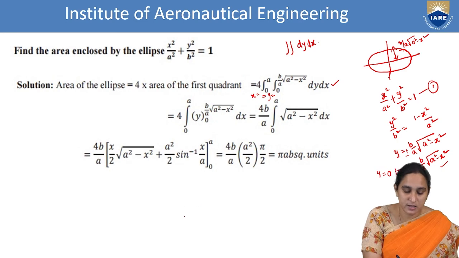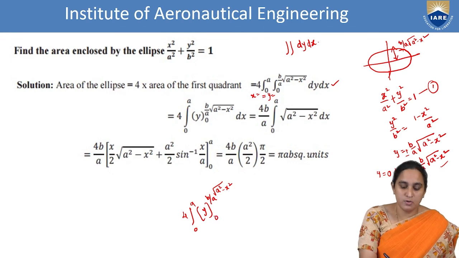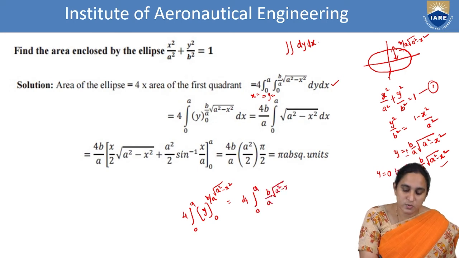I'll write that step here. 4 into integral 0 to a of y, from 0 to b by a into root a square minus x square. Then substitute the limit point here: 4 into integral 0 to a, upper limit point as b by a into root a square minus x square, minus 0, into dx.